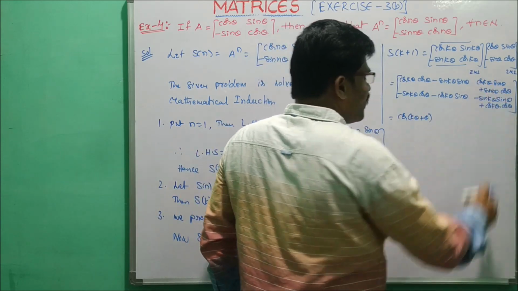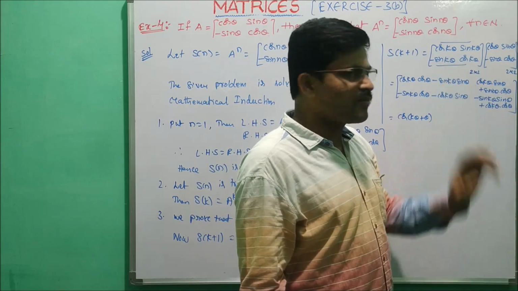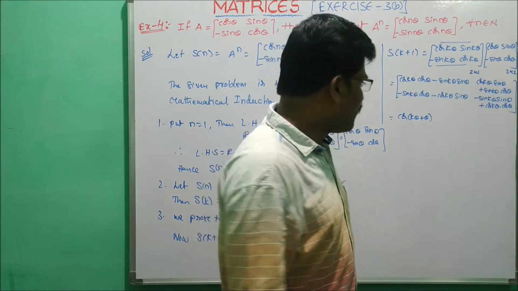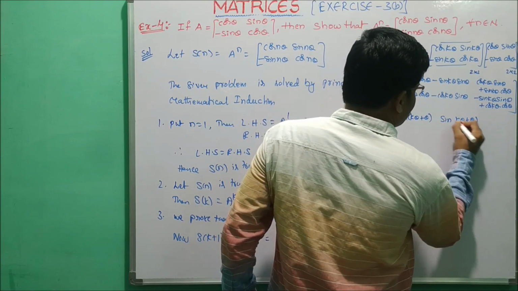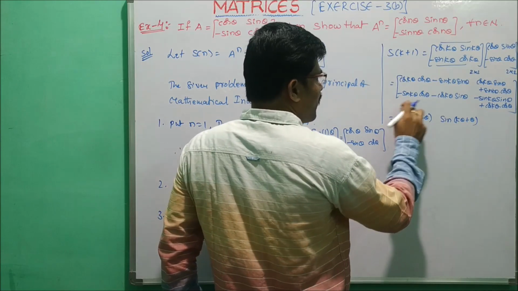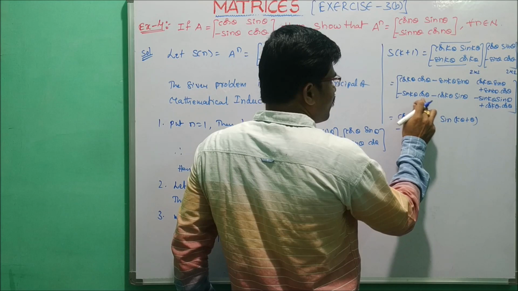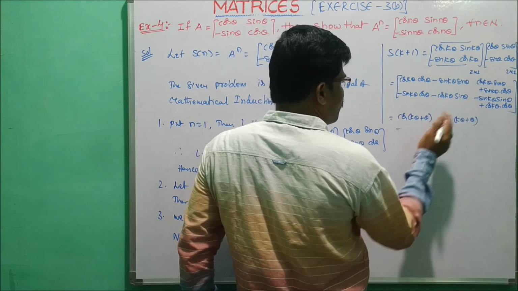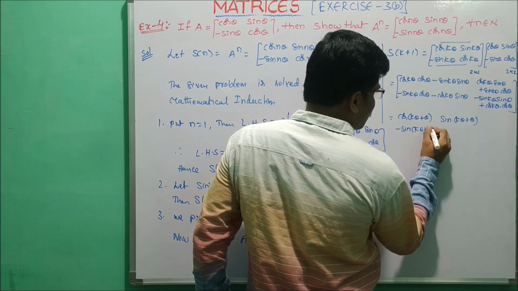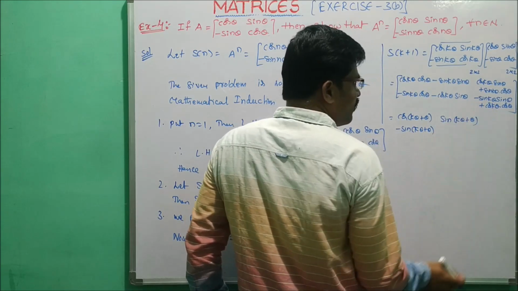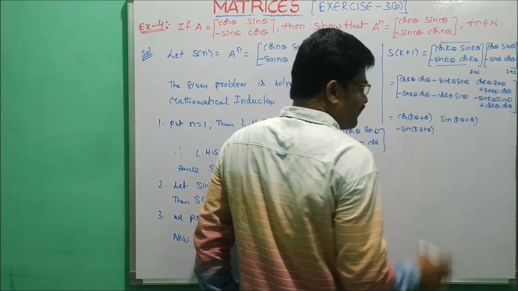Also here we use cos A sin B plus sin A cos B, that is sin of A plus B. Now we write sin of k theta plus theta. Similarly here we take minus common: sin k theta cos theta plus cos k theta sin theta is sin A cos B plus cos A sin B. Now we write minus sin of k theta plus theta. Similarly in that also we write cos A cos B minus sin A sin B.